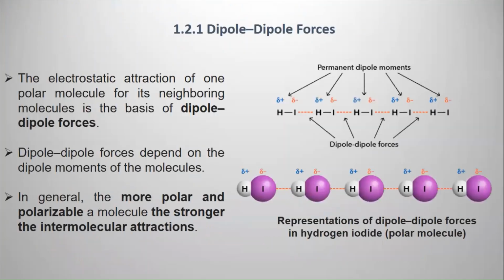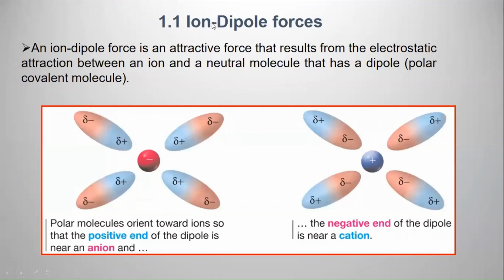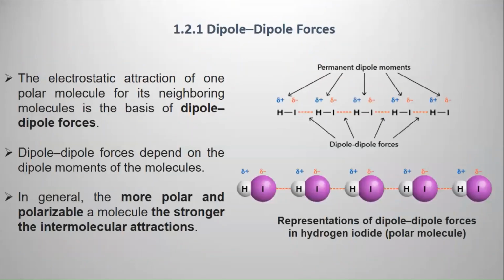Okay, how about if we have non-polar? So far we talked about the polar, we talked about the ion-dipole. So we talked about the ionic system and the polar system, which are very polarized. Now, how about a non-polar system? A non-polar system means there is no dipole moment because the dipole moments cancel each other.